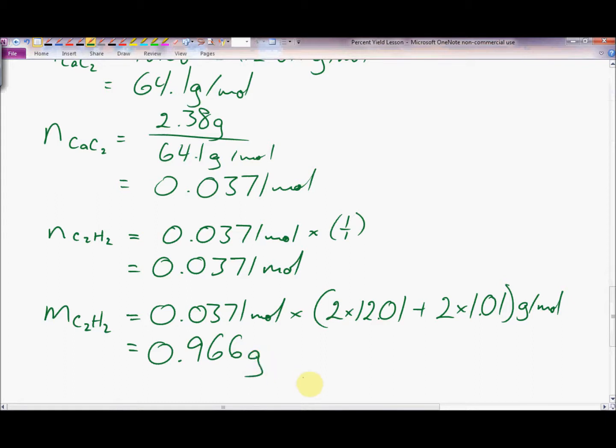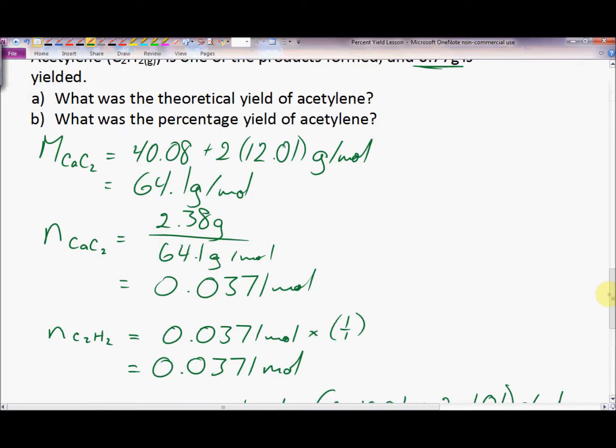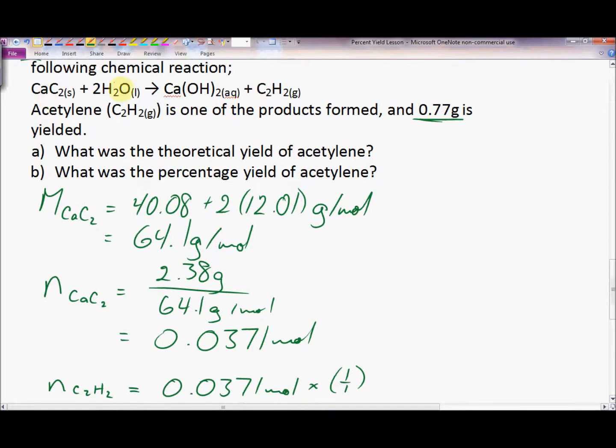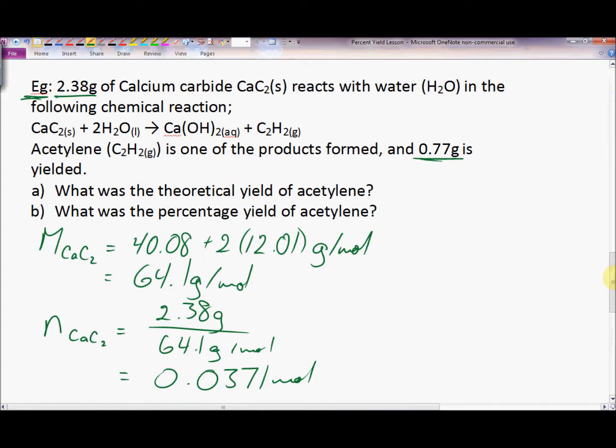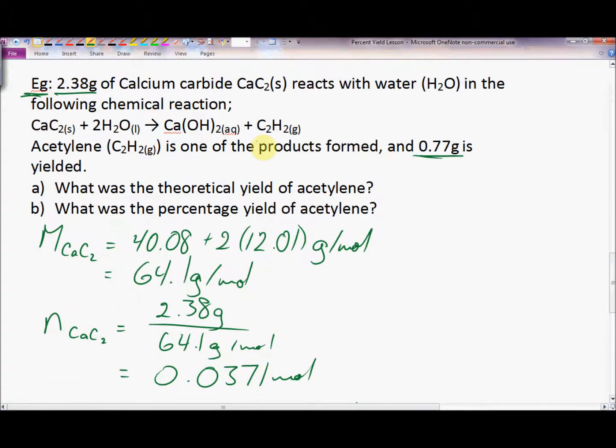That's our answer to part A of the question, which was what was the theoretical yield of acetylene? So based on these molar ratios, based on the fact that we had 2.38 grams of calcium carbide as the reactant, we should make 0.966 grams of acetylene.